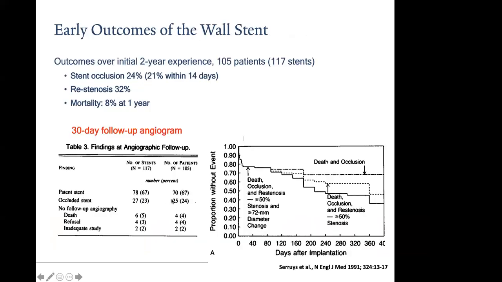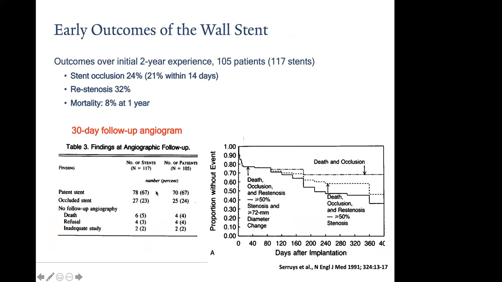Early on, looking at the outcomes of the Wallstent, this was actually considered a very positive study. In the first 2-year experience, it was 105 patients and 117 stents. They had a 67% patency rate at 2 years, both when you count by the number of stents and the number of patients.